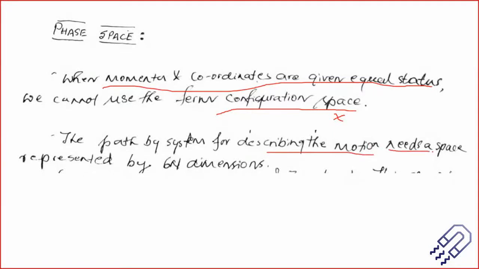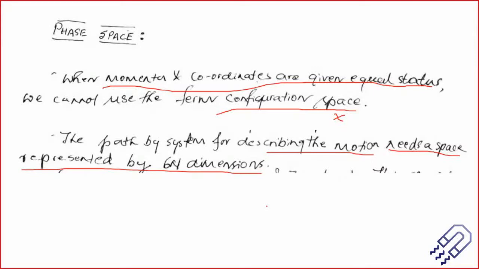It needs a space represented by 6n dimensions. Now you will ask me why 6n. If there are n particles, there will be 3n position coordinates plus the momentum coordinates, so you basically have 6n dimensions. For each particle there will be 3 momentum coordinates and 3 position coordinates, so 6.